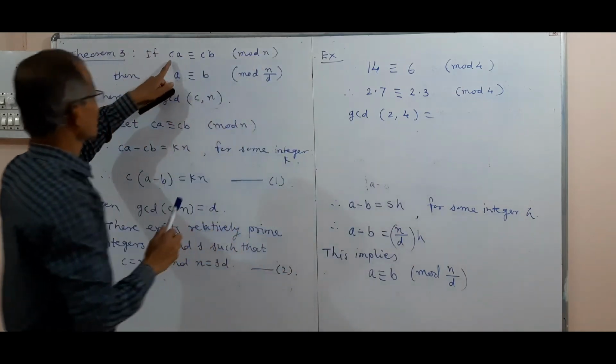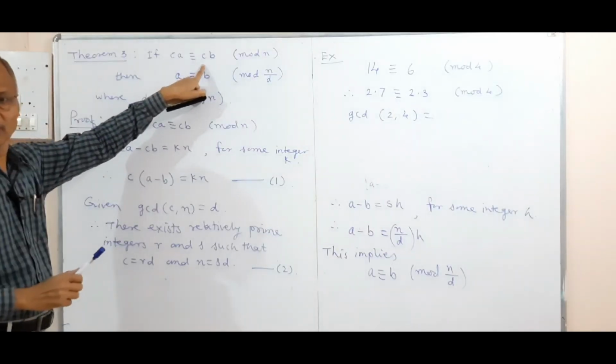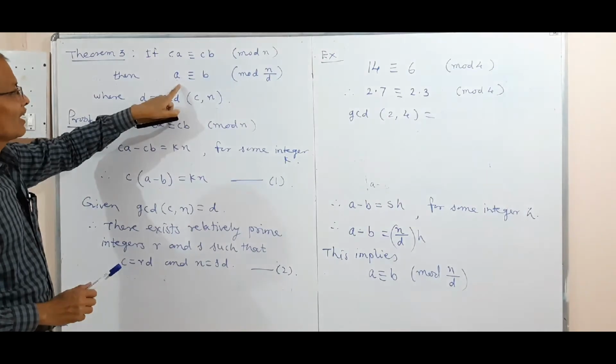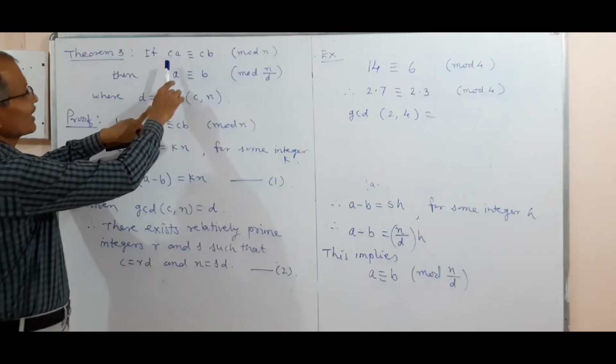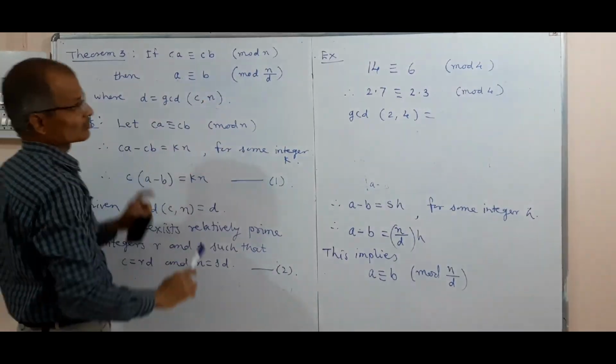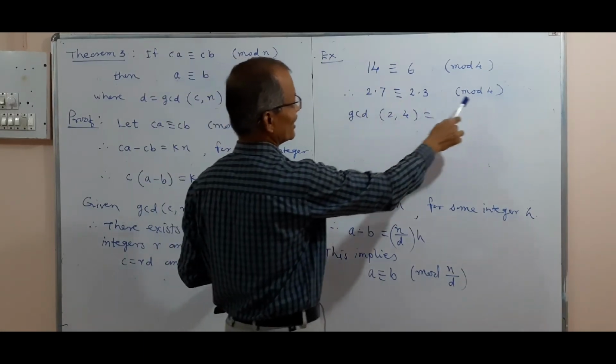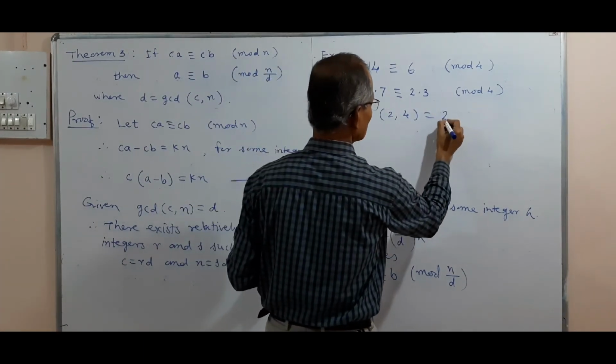See the theorem: CA is congruent to CB modulo N, and the GCD is considered of C and N. GCD of C, here 2, and N, here 4, is 2.